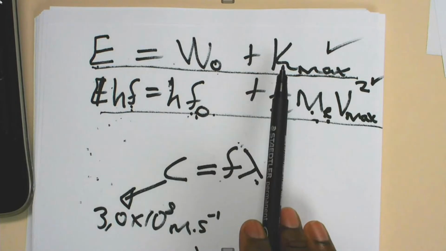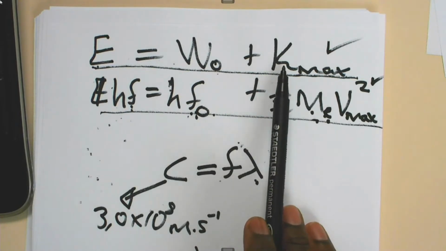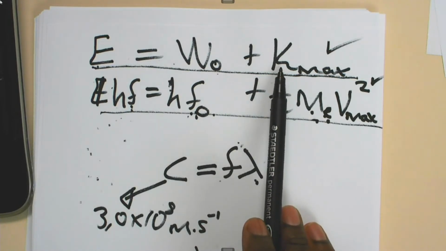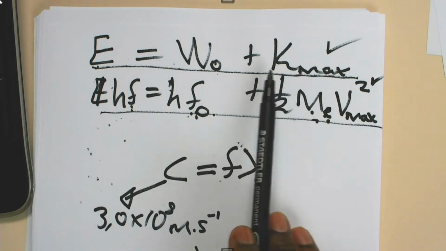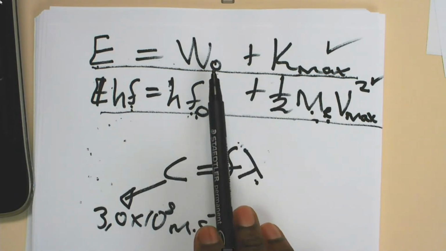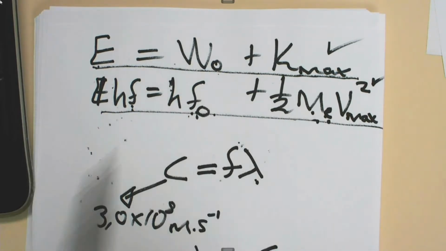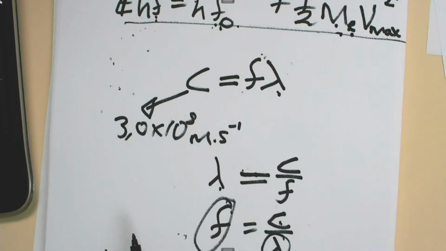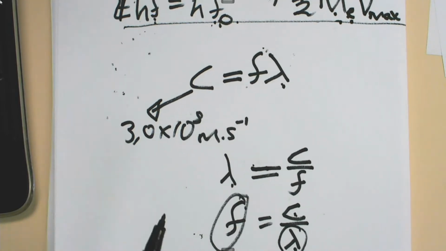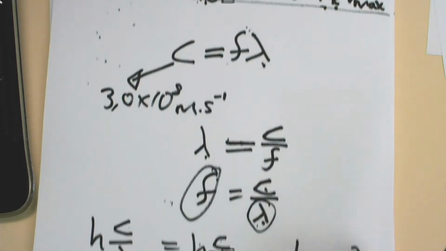For us to have maximum kinetic energy, it means that electrons must have gained energy that is greater than the work function from the light. That is very, very important. And it is important that learners understand how this photoelectric effect works.